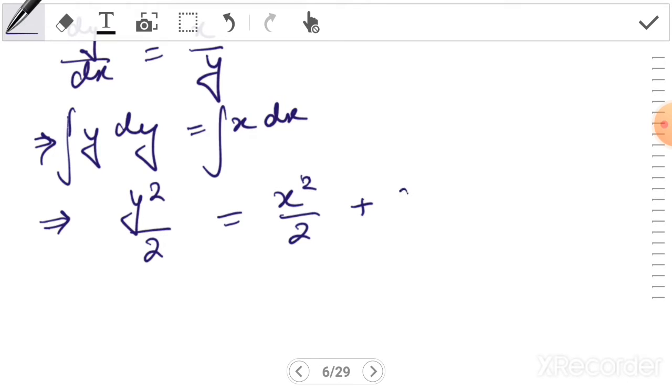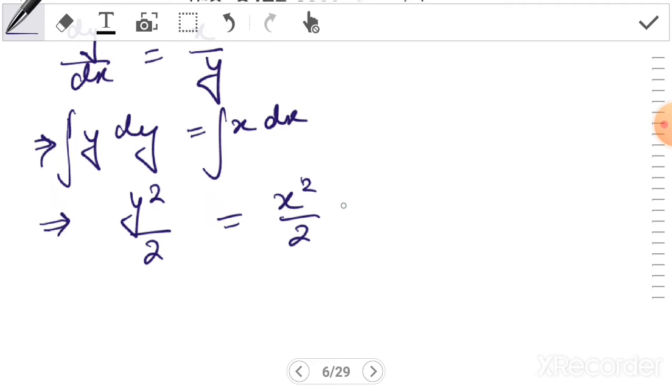And plus some constant c dash, which can be written as c square by 2, some constant.